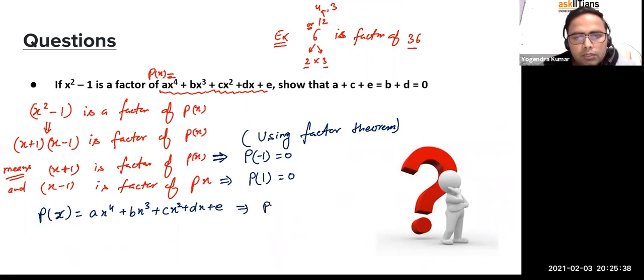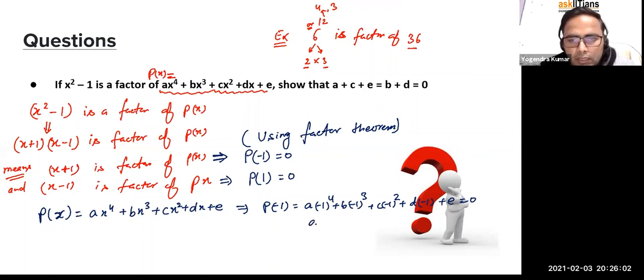Now, can you tell me what is P of minus 1 going to be? a minus 1 power 4 plus b minus 1 power 3 plus c minus 1 power 2 plus d minus 1 plus e equals 0, right? So can I say a minus b plus c minus d plus e is equal to 0, right?